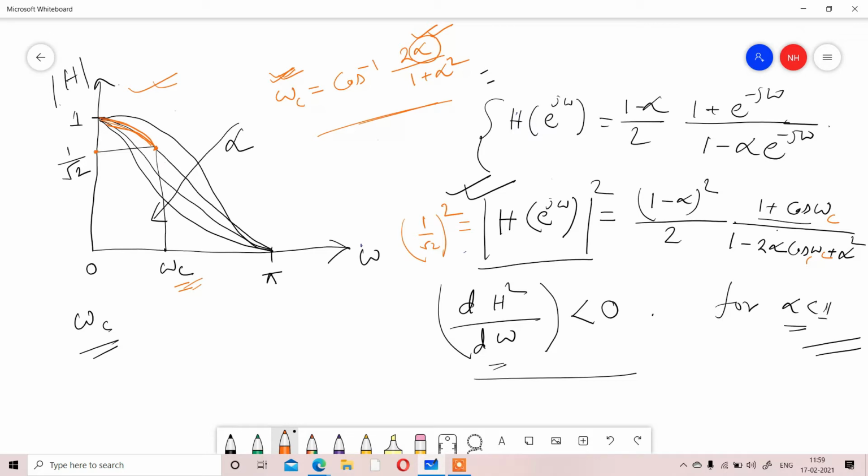Now simply, if we know the value of omega c, suppose omega c is given pi by 2, consider omega c equal to pi by 2.